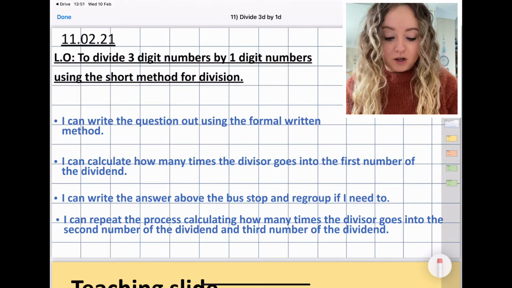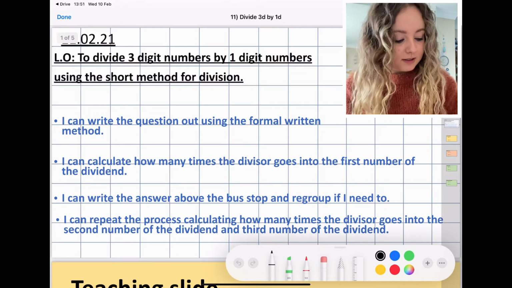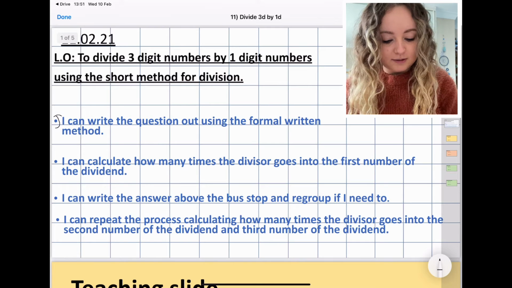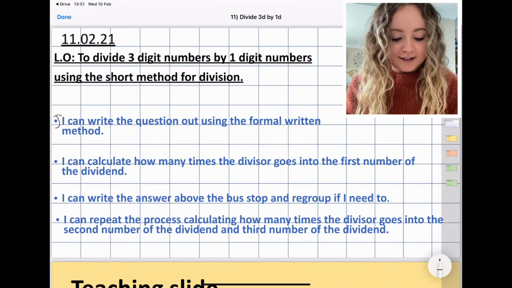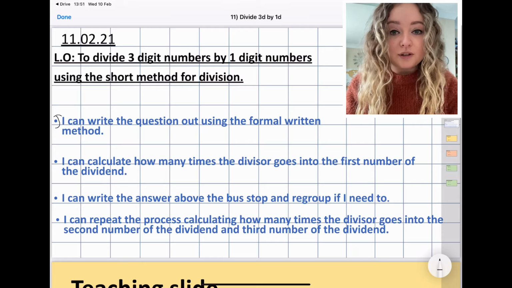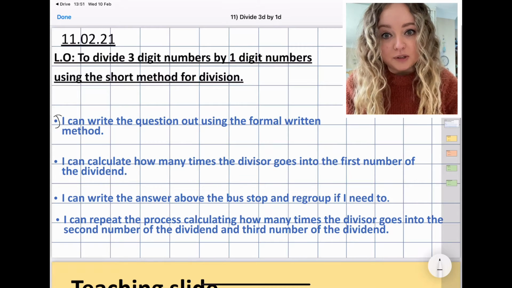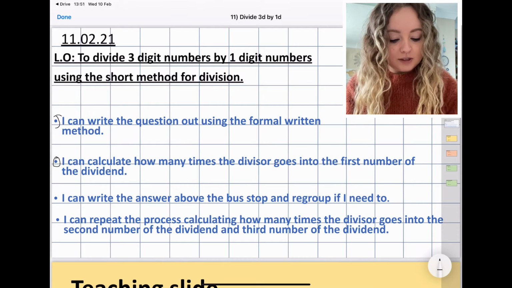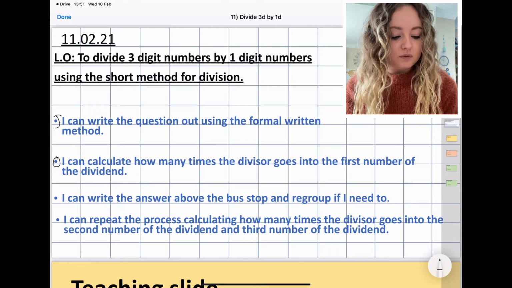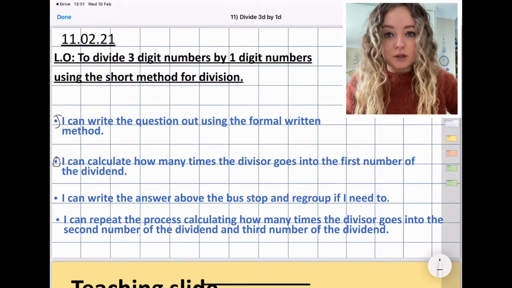So firstly, I can write the question out using the formal written method, bus stop method. I can calculate how many times the divisor goes into the first number of the dividend.